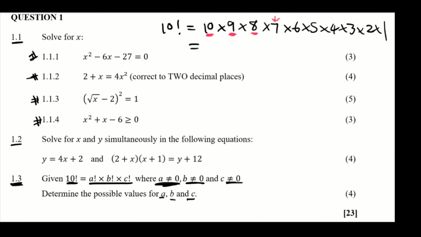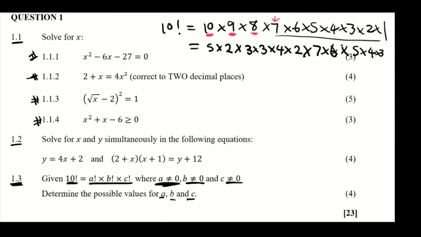So hence I'm just going to break down this 10, 9, and 8, just to simplify it further. So to get 10, you have to say 5 times 2, right? And then to get 9, you have to say 3 times 3, and to get 8, you have to say 4 times 2, right? And then you multiply the 7, this part here, times 6 times 5 times 4 times 3 times 2 times 1, right?